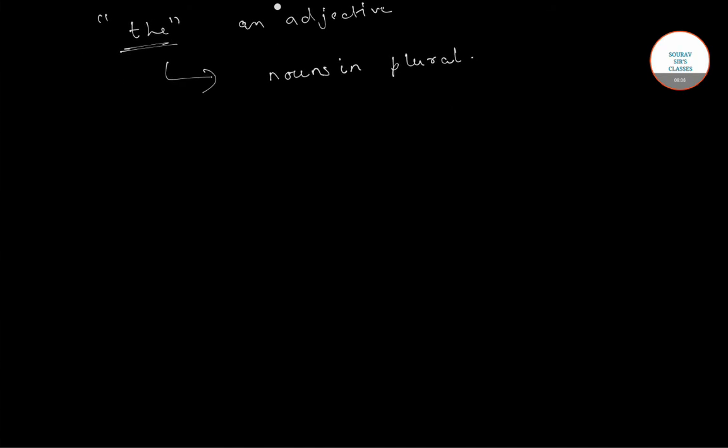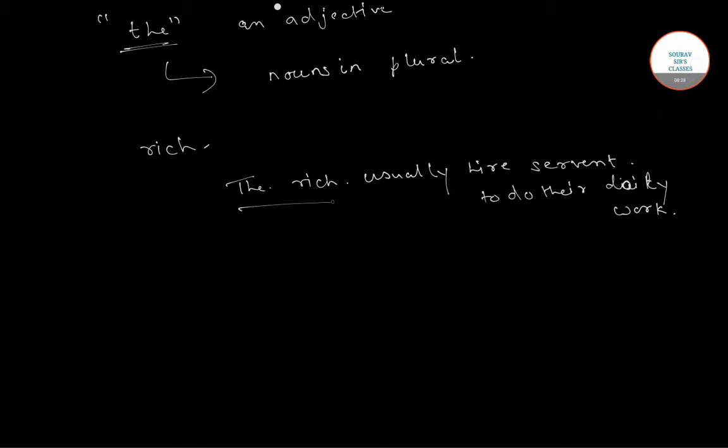For example, rich is an adjective, but when we write the rich, here the rich is a noun which means rich people. And so we are using plural verbs or plural pronoun.